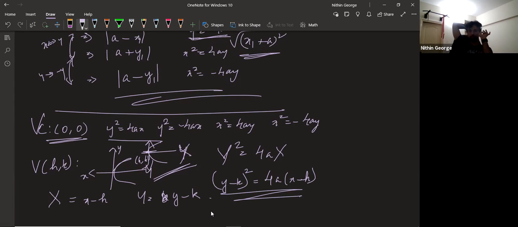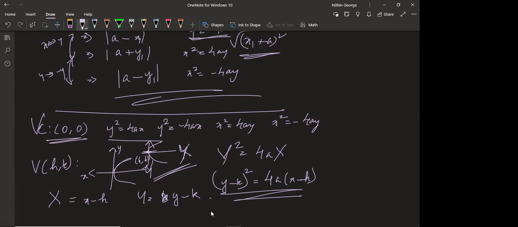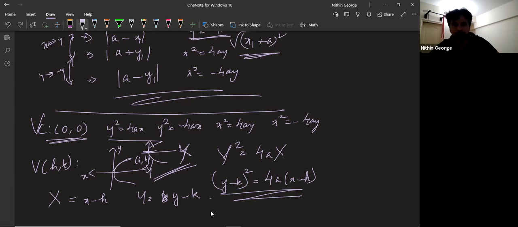I'm talking about the vertex here. From 0, comma 0, I move it to any point h, comma k. Any doubts here, guys? All right. So you can do the same for these remaining parabolas as well.